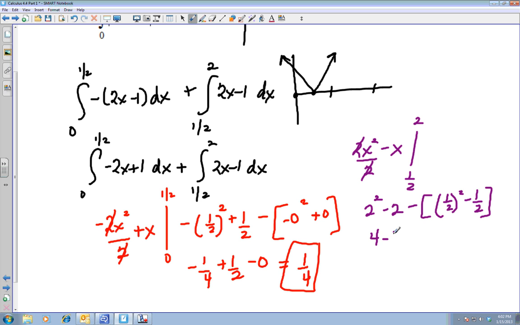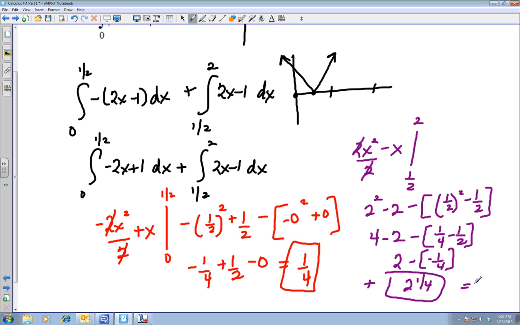So I have 4 minus 2, minus 1/4 minus 1/2. 1/4 minus 2/4 is negative 1/4. So that's 2 plus 1/4, so 2 1/4. So I have 2 1/4 plus 1/4, that means 2 1/2, because I'm adding these two things together. And that's your answer.